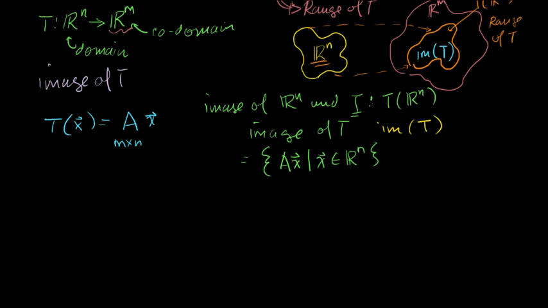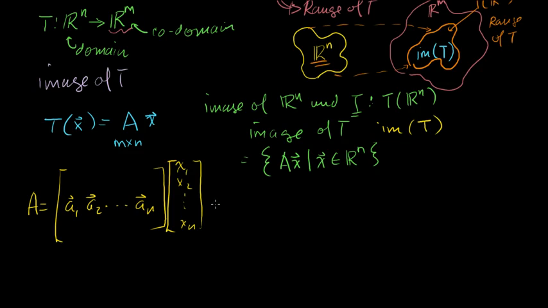If we write my matrix A as just a bunch of column vectors, A1, A2, it's going to have n of these, right? Because it has n columns. And so A times any x that's a member of Rn, I multiply x1, x2, all the way to xn. We've seen this multiple times.